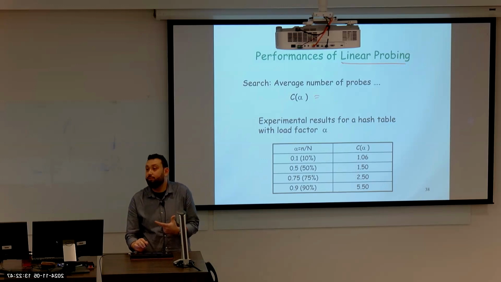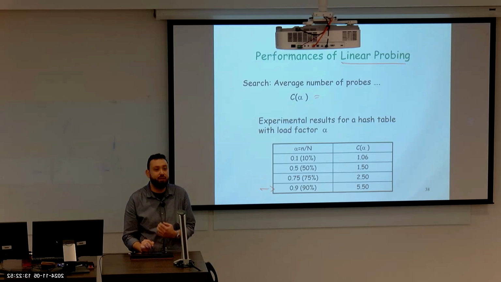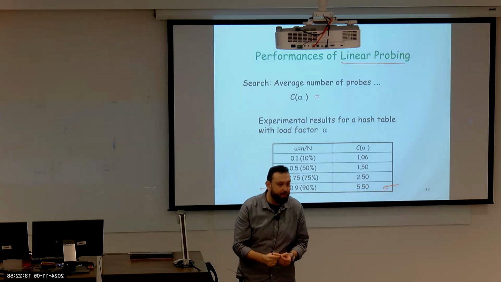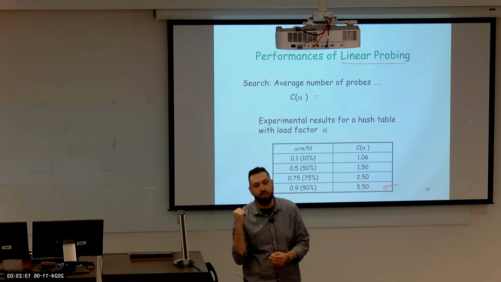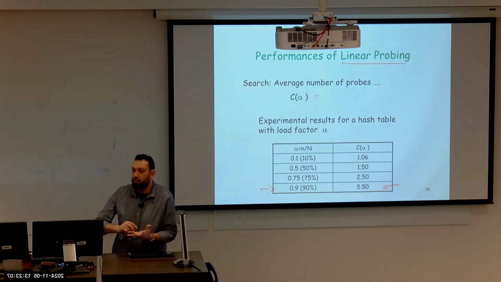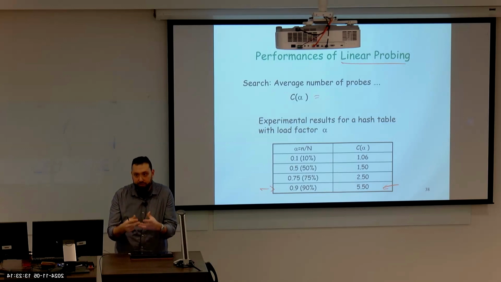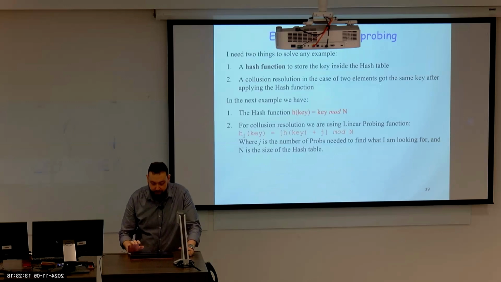If I'm using linear probing and I end up having 90% of my array full, I'll end up with 5.5 probes to find each. So if I'm searching for a number, it will take me 5 or 6 tries to find it. That means linear probing is not a very good solution for me. Usually, I'll choose something better to build my hash map. Why? The more efficient the way I build it, the better time complexity I'll have.